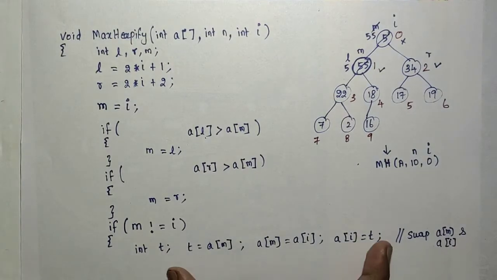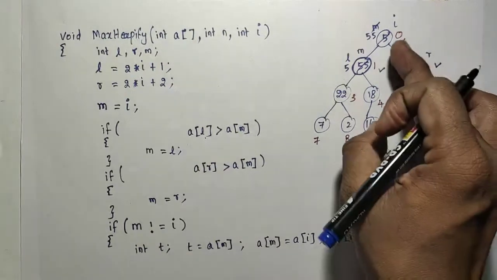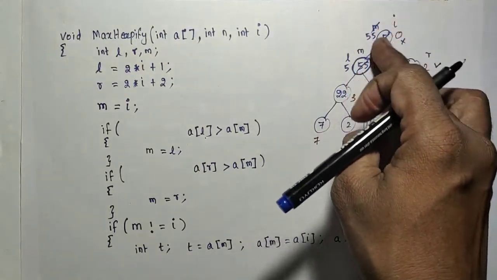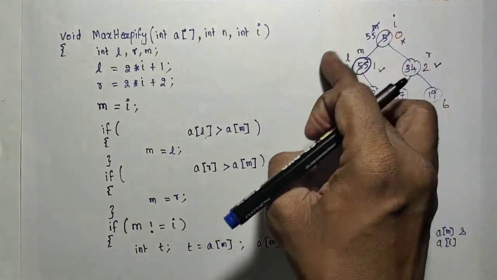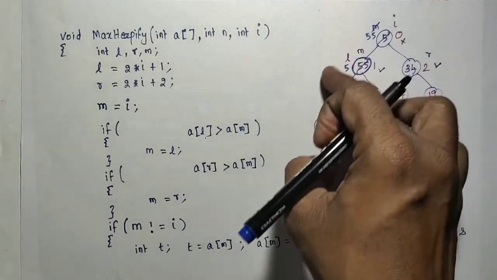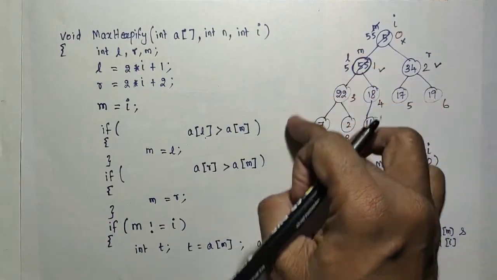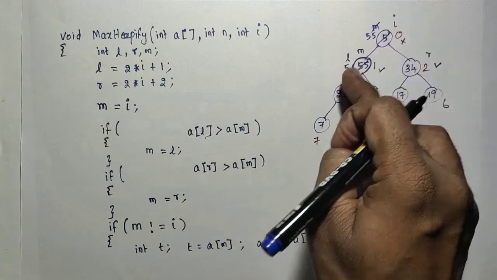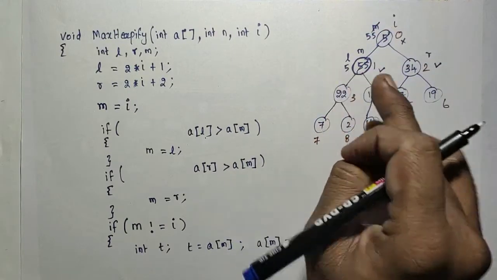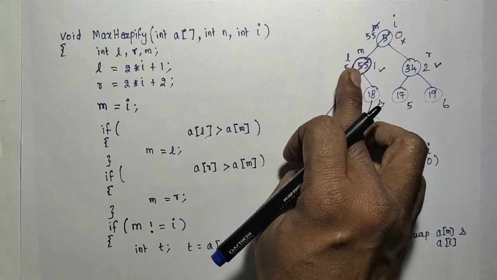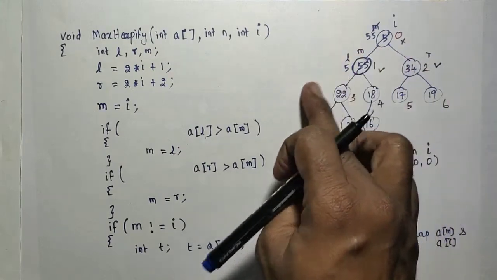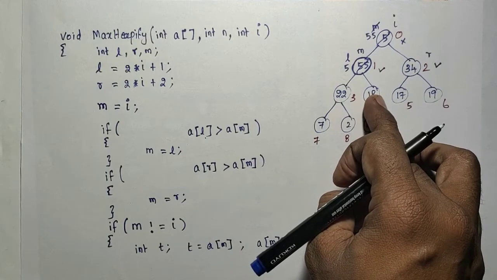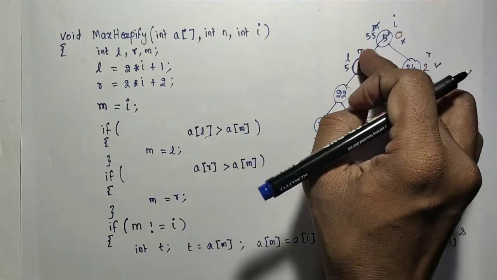After swapping you should not stop. Now this I node is becoming a heap, but we have modified the left subtree, because the 5 has moved down to the left subtree. So the left subtree may be violating the heap property. In the left subtree we have modified only the root.